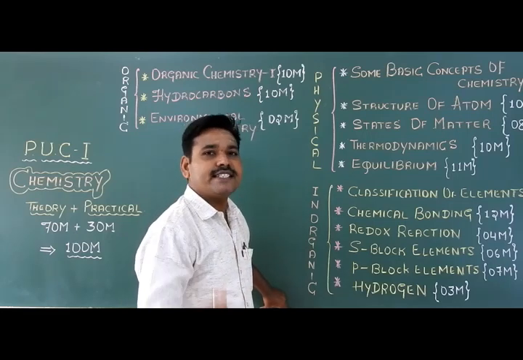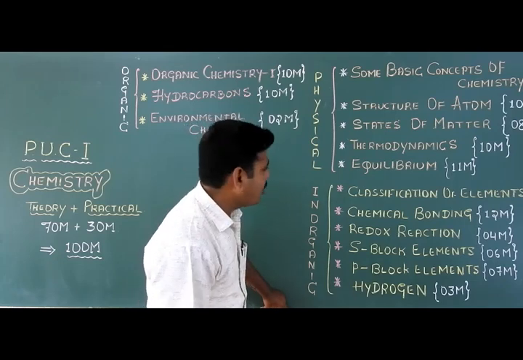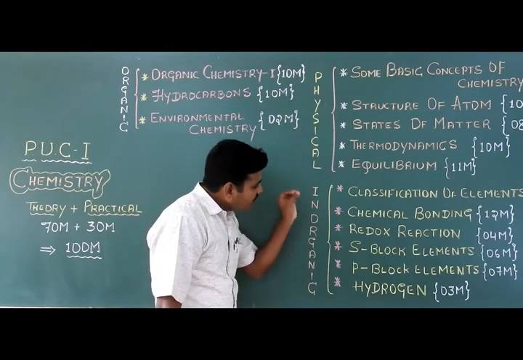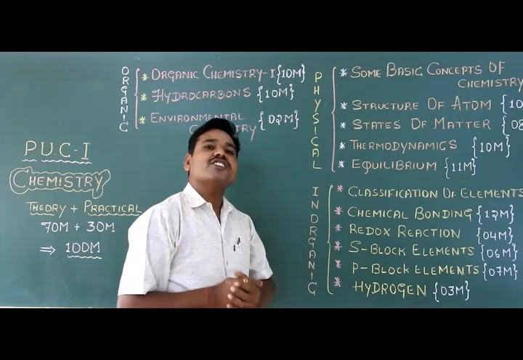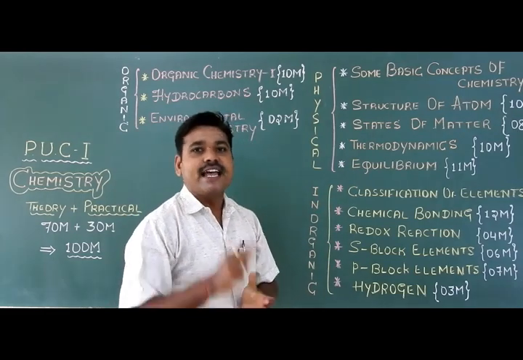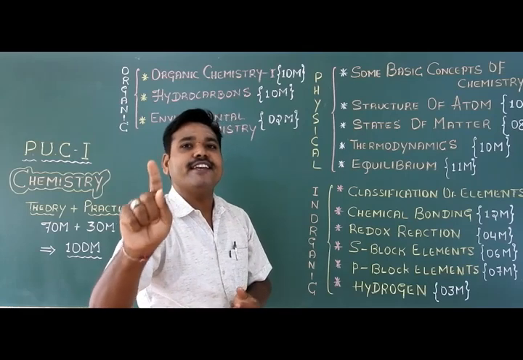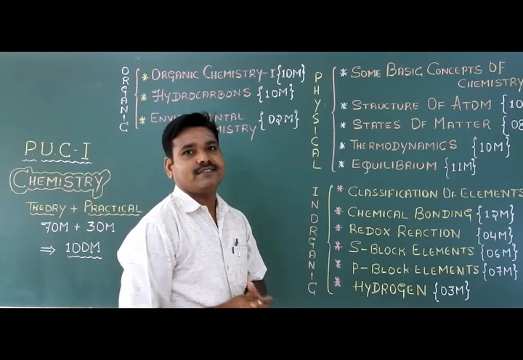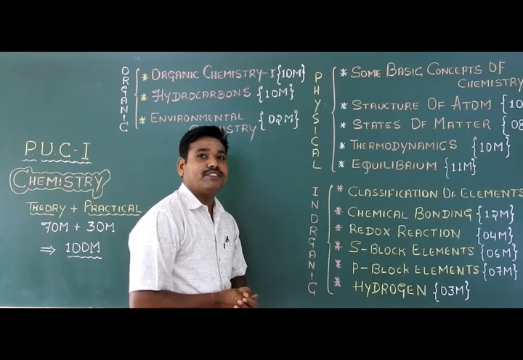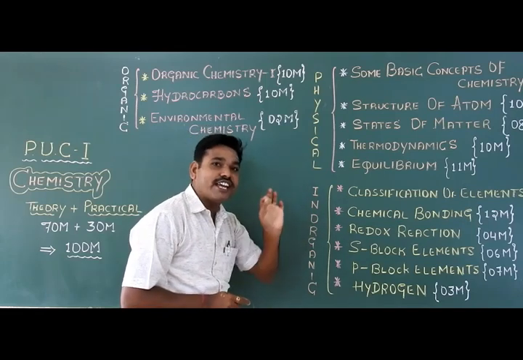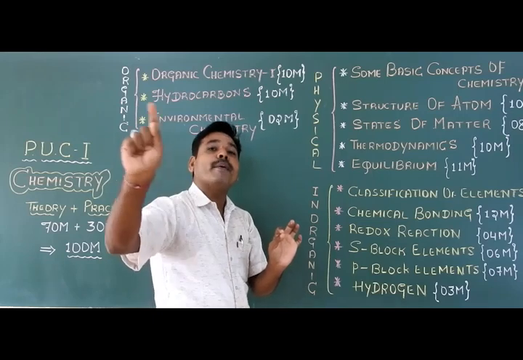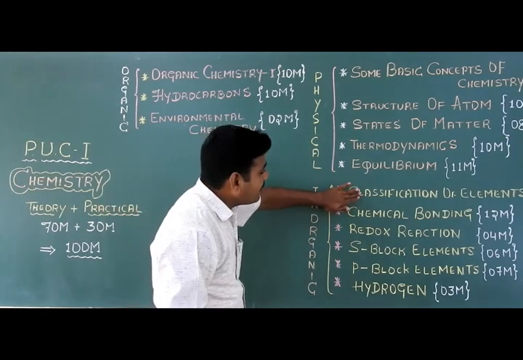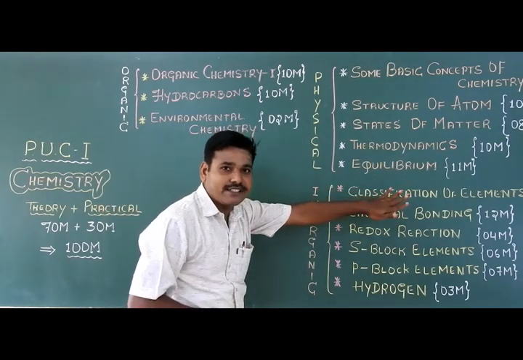How many lessons, students? 6 lessons come under the inorganic section. Out of these 6 lessons, the first lesson is Classification of Elements and Periodicity in Properties. Listen to the name of the chapter: Classification of Elements and Periodicity in Properties.